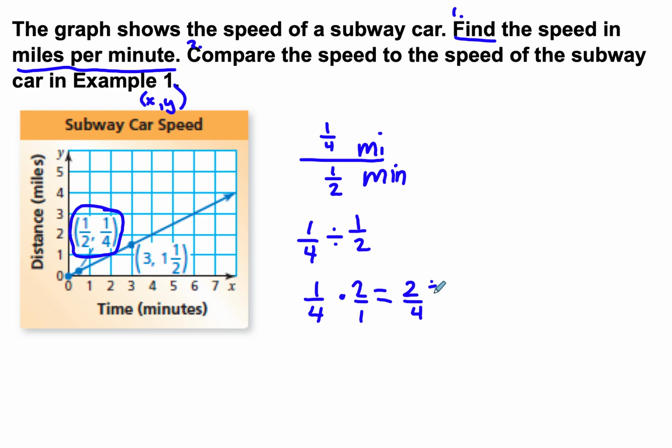We're going to simplify these by dividing by 2. 2 divided by 2 is 1. 4 divided by 2 is 2. So I have 1/2. I have to keep my labels the same as what they are here, miles.